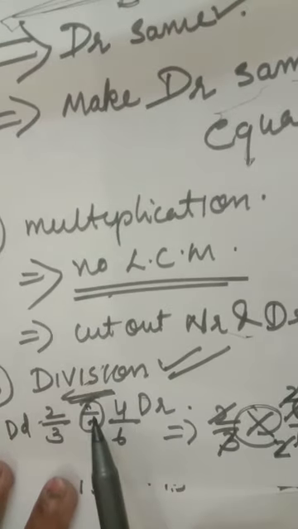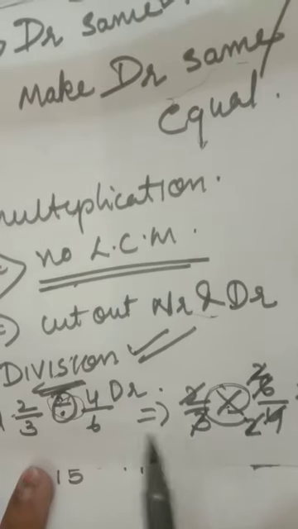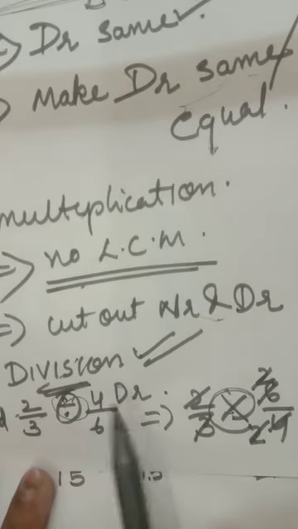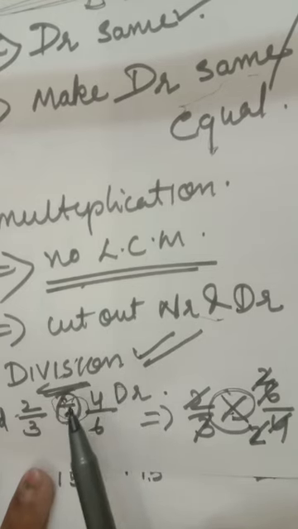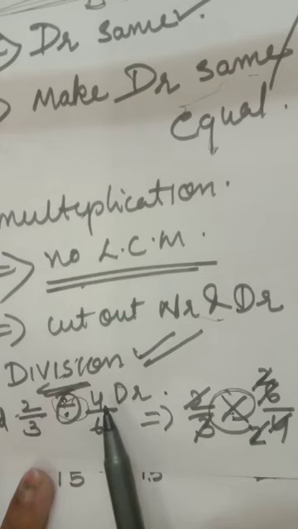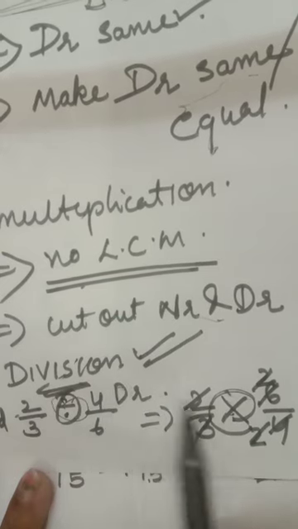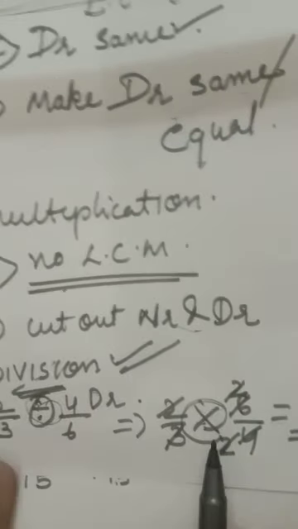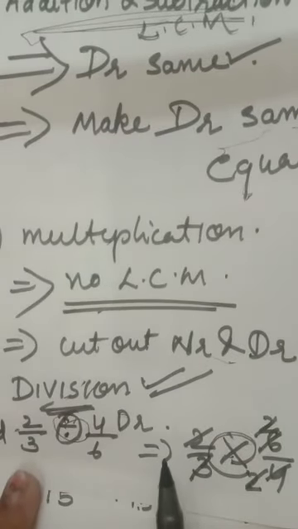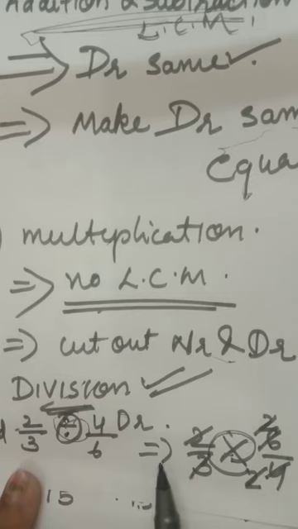Division time, the division sign will be converted to a multiplication sign, and the divisor you take the reciprocal. Whichever number is coming after the division sign, that number you take the reciprocal and cut out, write the answer. I hope everybody is clear now.